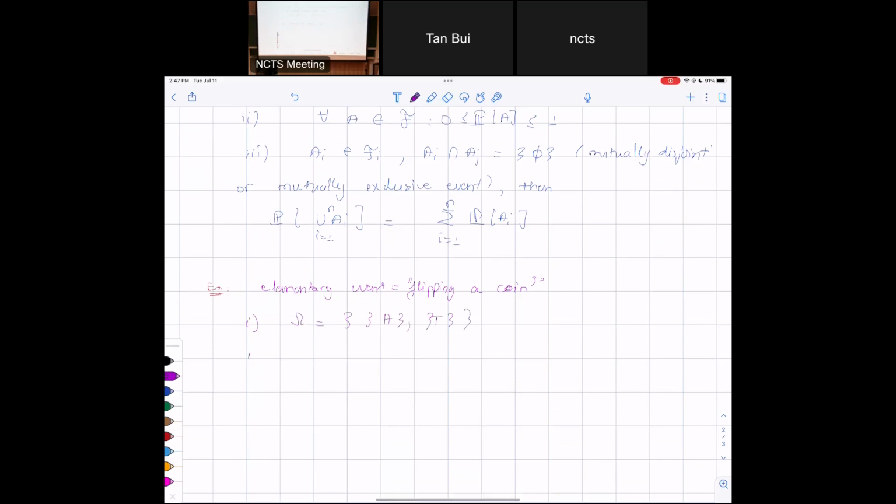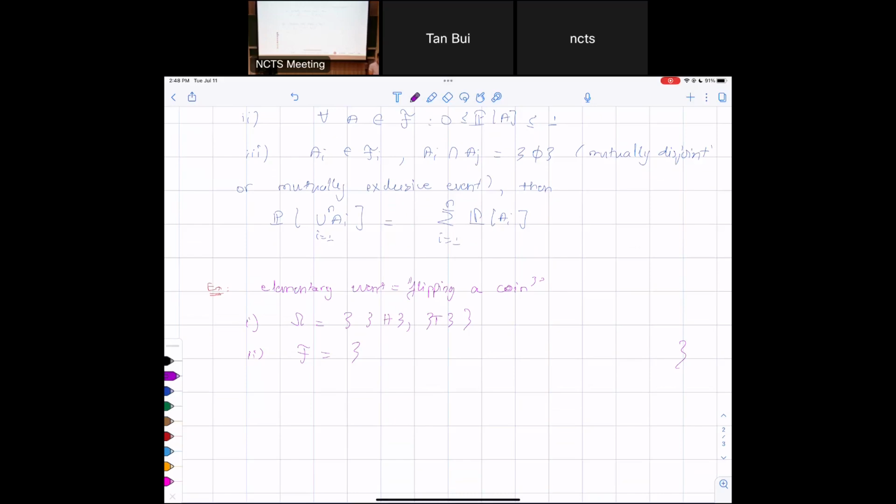Second, we know that the sigma algebra in this case, by the way, is all subsets. What is the sigma algebra in this case? We're only talking about the sample space for flipping a coin. Can somebody list out the sigma algebra here for us?